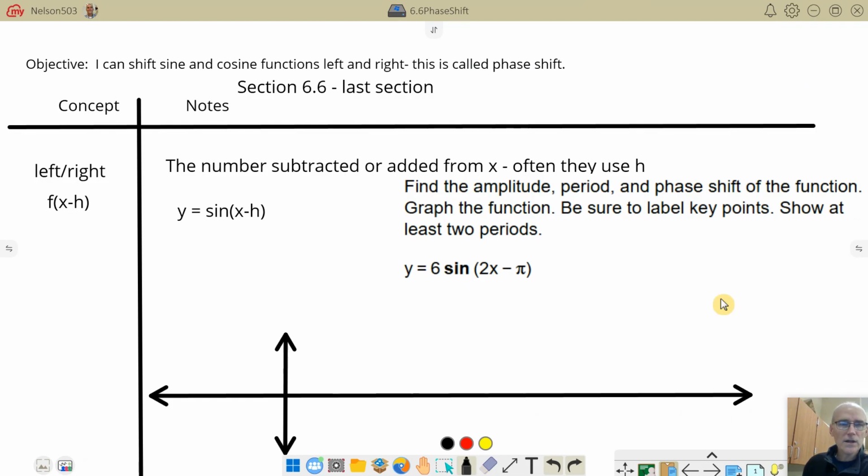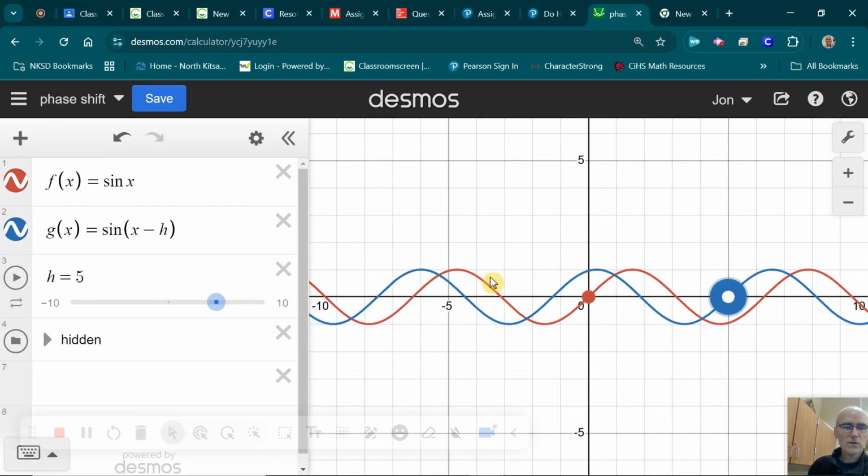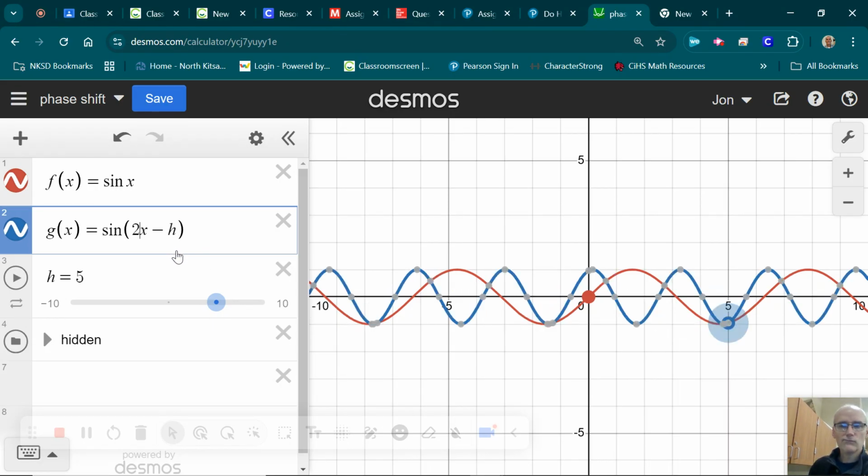Now, like I was saying, this problem right here is a little bit more complicated because there's a 2 right there. Okay, so let's see what happens if I put a 2 right in front of the x. You notice my corresponding point down here, it's like, what the heck, man? That's a minimum value. That's not a starting location for the sine function.